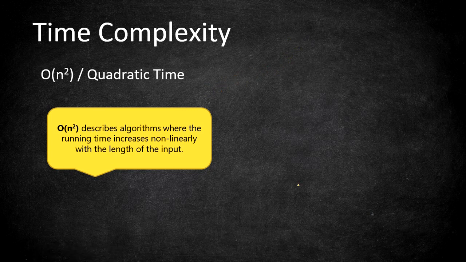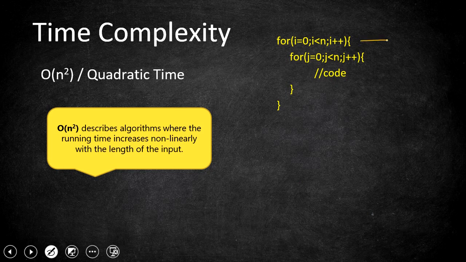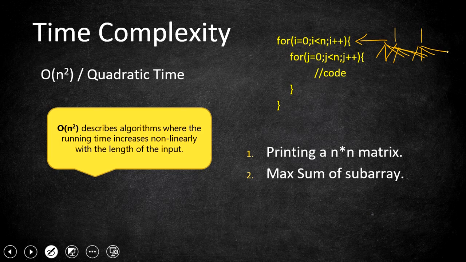So consider this code snippet. Here we have two for loops, or nested loops. For every n in the first iteration, it interacts with every other n in the second iteration. The same way, when it moves to the second one, again it interacts with every other n. Again, for the third one, it interacts with every other n in this nested loop. Consider this example: the first one is printing an n cross n matrix.